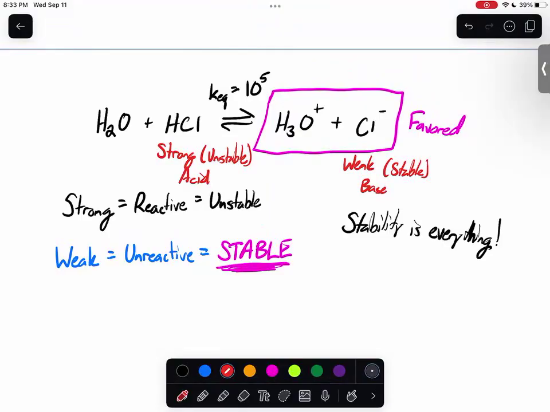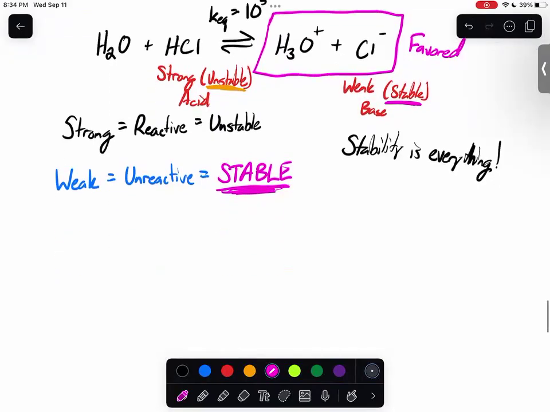So that's telling us that in this reaction, it's pointing towards the right-hand side because we're moving from something that is very unstable to something that is stable. Stability is everything.